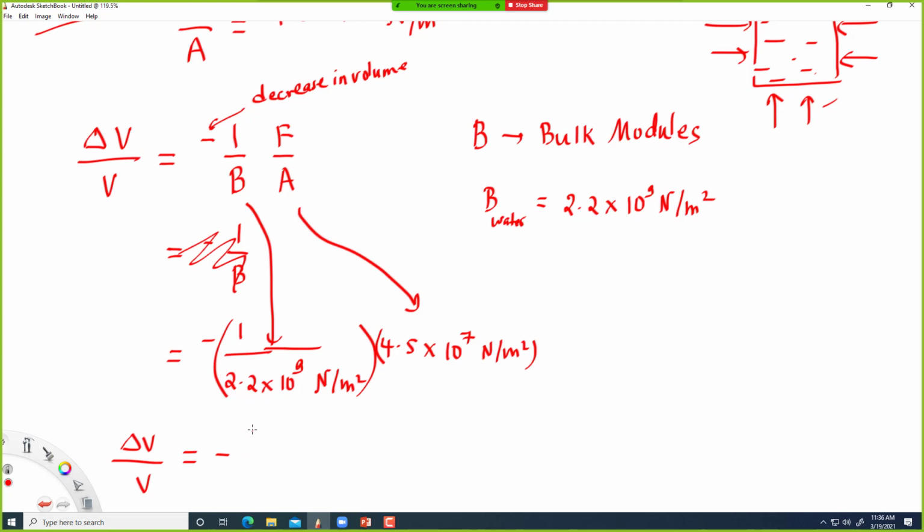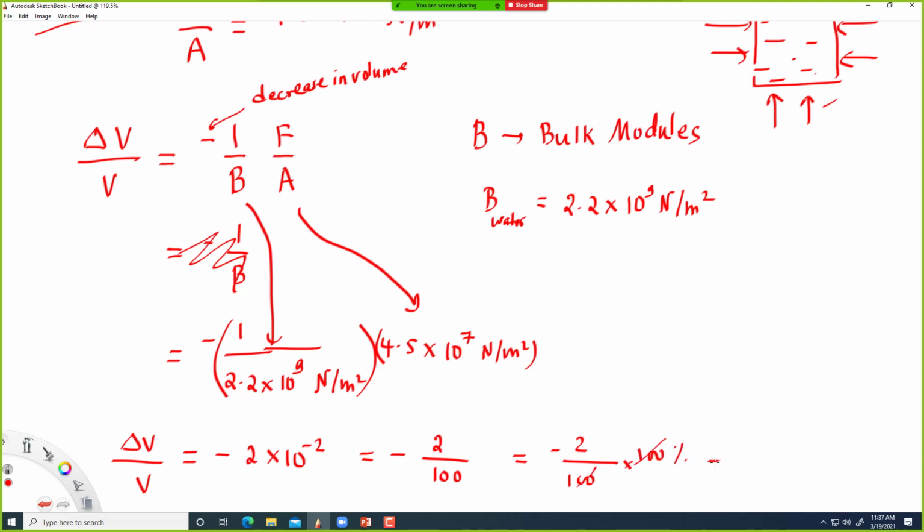Is it about 2 times 10 to the negative 2? So you can write this as 2 over 100. So you can write this in percentage, 2 over 100 times 100%.